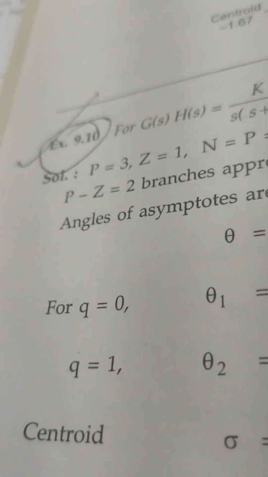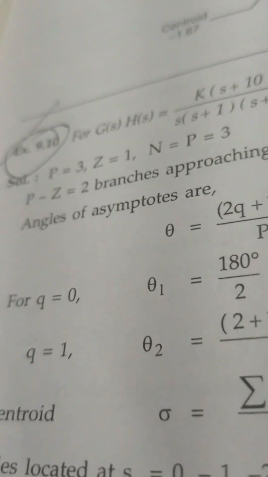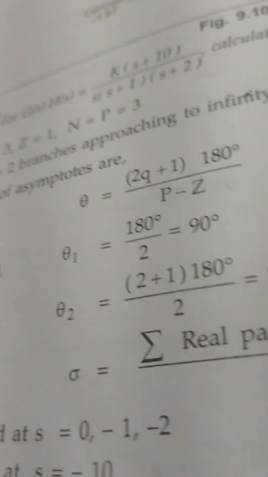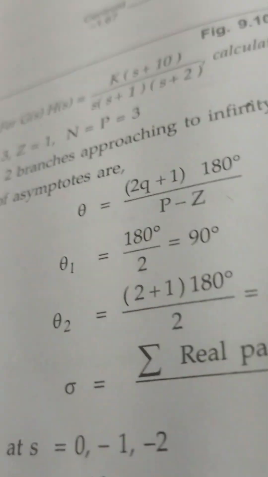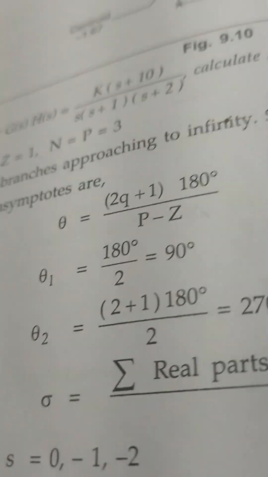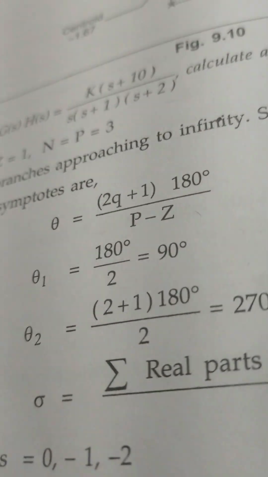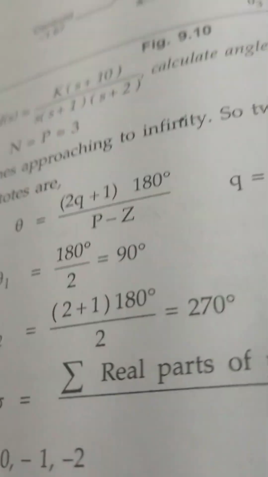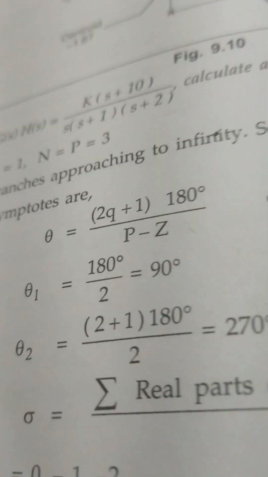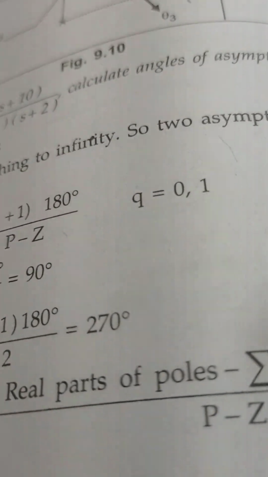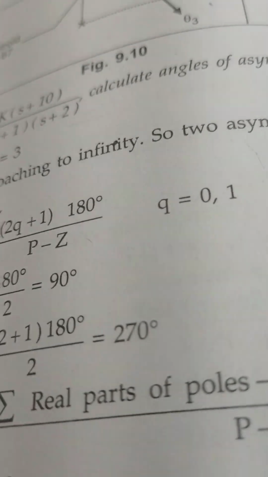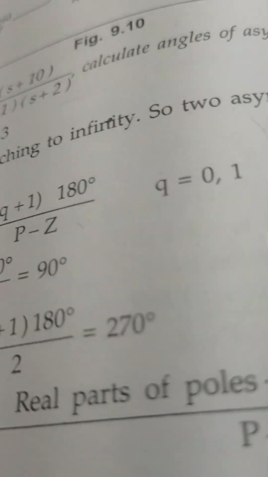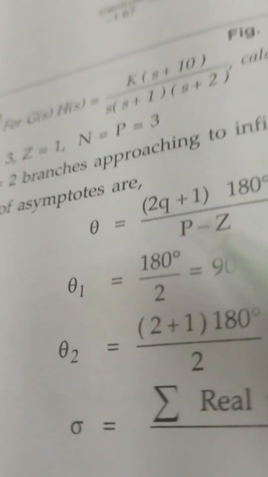Then how do we find the angles of the asymptotes? To find the angle of the asymptotes, there is an equation: theta equals (2q plus 1) times 180 degrees divided by (P minus Z), where the values of q start from 0, 1, 2, 3 and so on. First we take q as 0 and substitute in this equation.